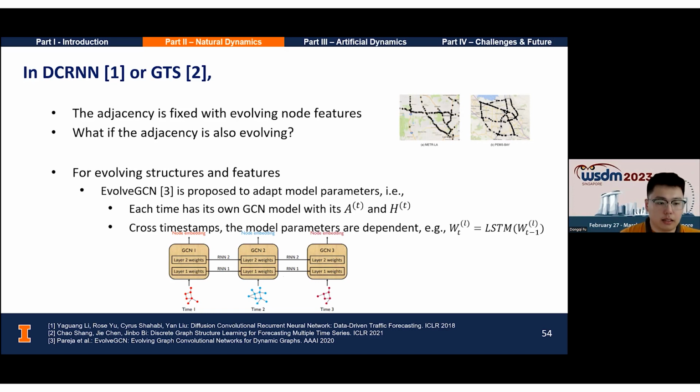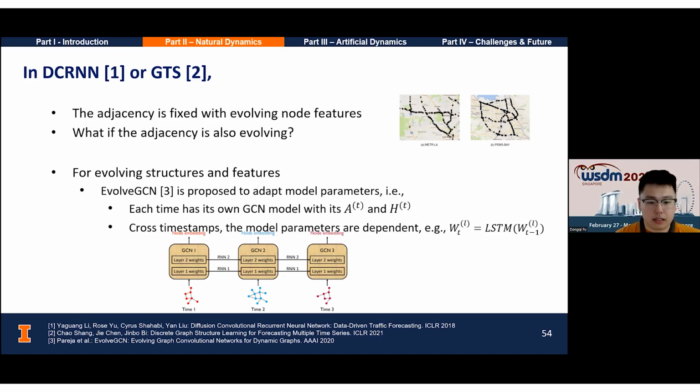EvolveGCN is proposed to adapt the model parameters, which means that to be specific, at each time we have its own GCN model trained solely on the adjacency matrix A_t and H_t. But across time steps, the model parameters are dependent, which means the current model parameters are dependent on the past parameters.